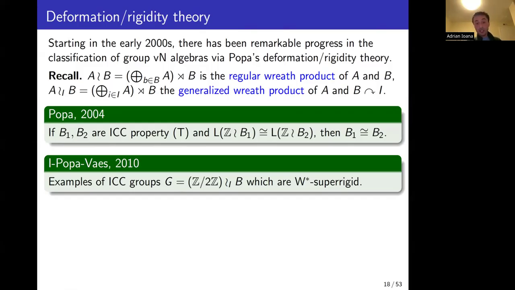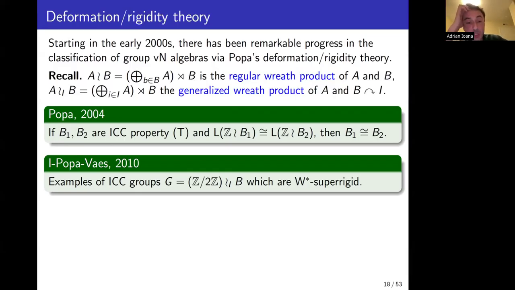So if you pass from ICC groups to the wreath product with Z, then you can recover them from the von Neumann algebras. And then a few years later, together with Popa and Vaes, we gave the first examples of W* superrigid groups.